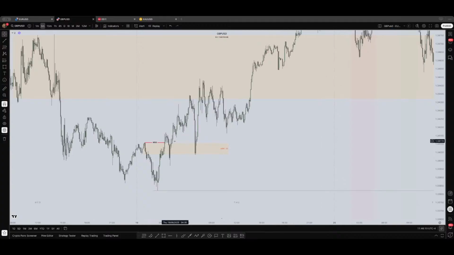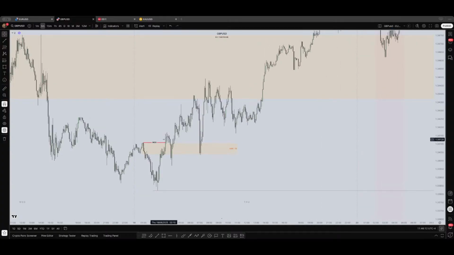Okay. So this is important, this information. So we have this information which is very important. Price opens the day here, manipulation, and real move.